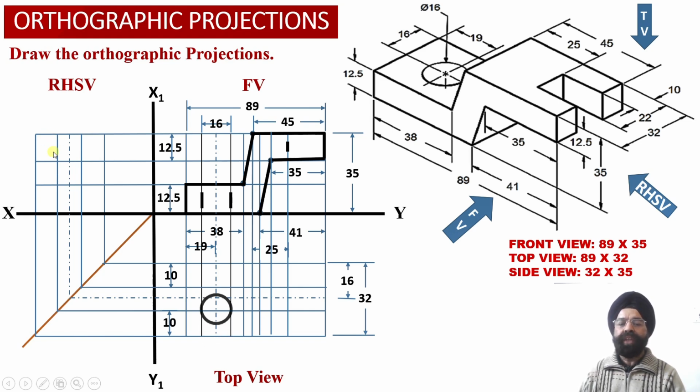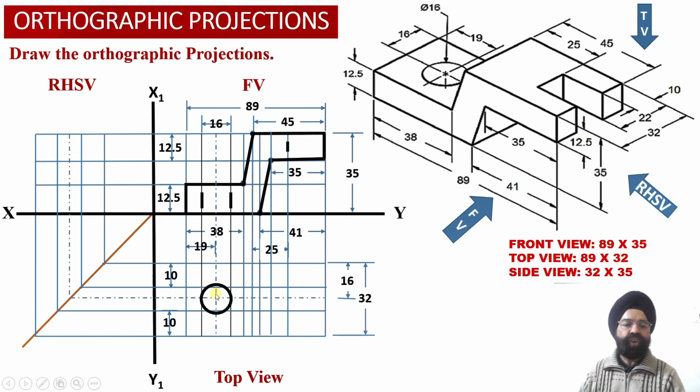So now we know that this is the center point for the circular hole. We can check this is the center line at a distance of 19 millimeters from the left hand side face, and at the center of this horizontal base block over here. So this will be the location of the center point. Now we know that the diameter happens to be 16 millimeters.